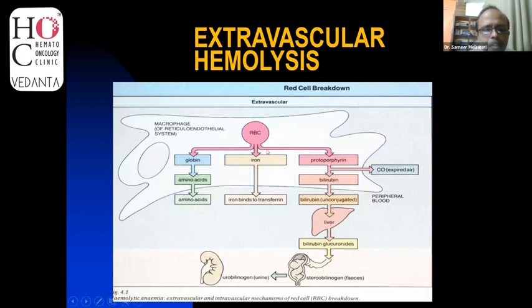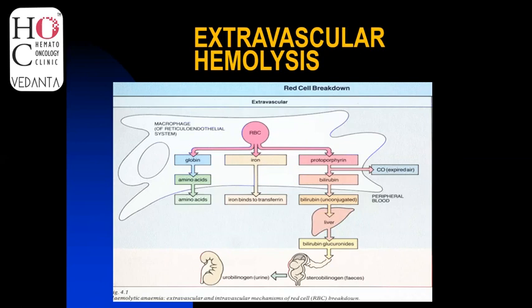In extravascular hemolysis, when the RBC is broken down, iron is released, which gets bound to transferrin. The globin is broken down to amino acids, which are reabsorbed. Then the protoporphyrin gets broken down and you have unconjugated bilirubin, which goes into the liver and forms conjugated bilirubin glucuronides, and these get excreted in the urine and stools. This is what we already know.